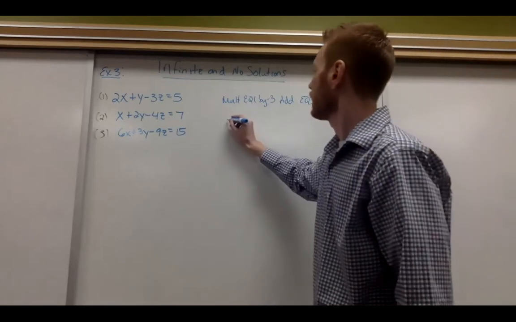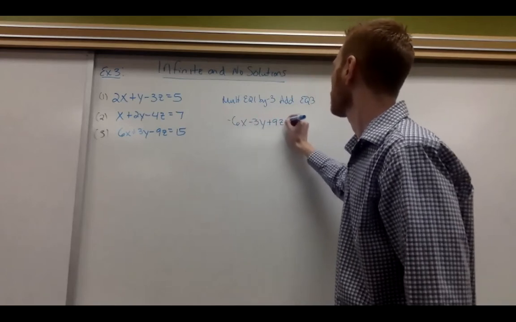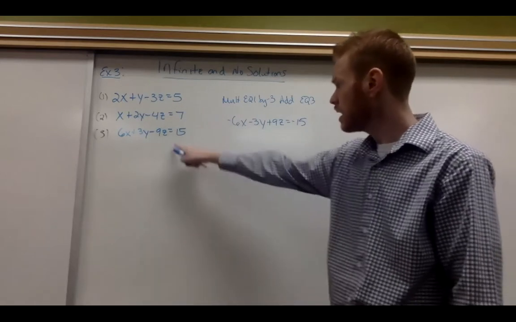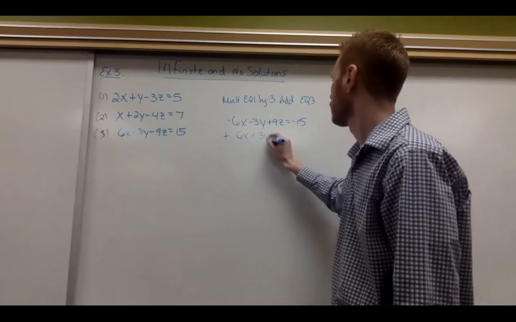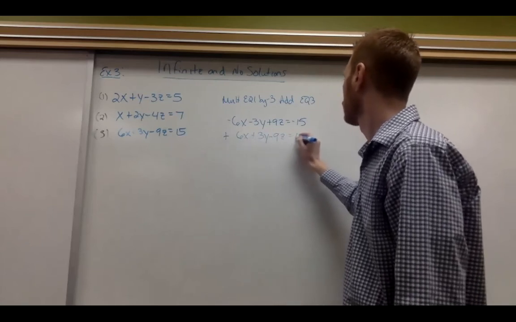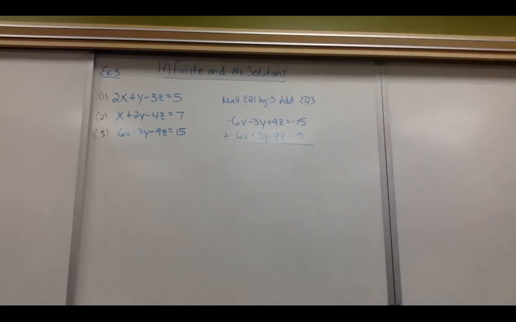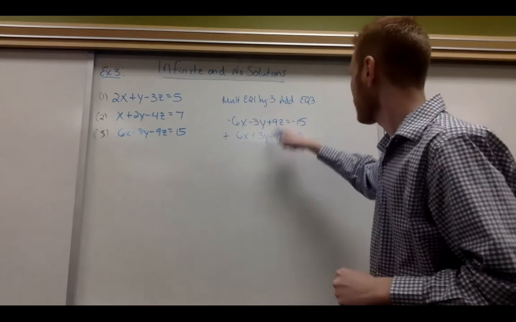So here we go. I get -6x minus 3y plus 9z equals -15 after I multiply. And then this one I just put right underneath because I'm going to add to it. Now notice something: x's cancel, y's cancel, z's cancel.